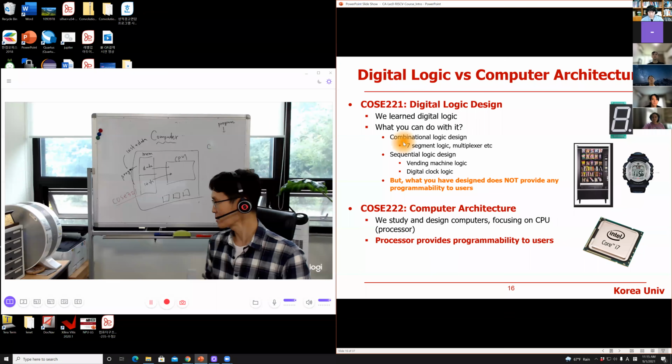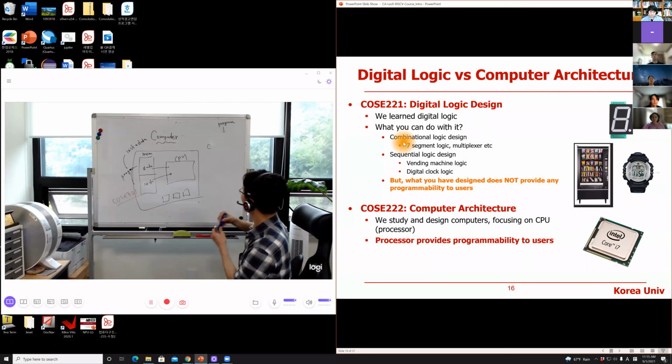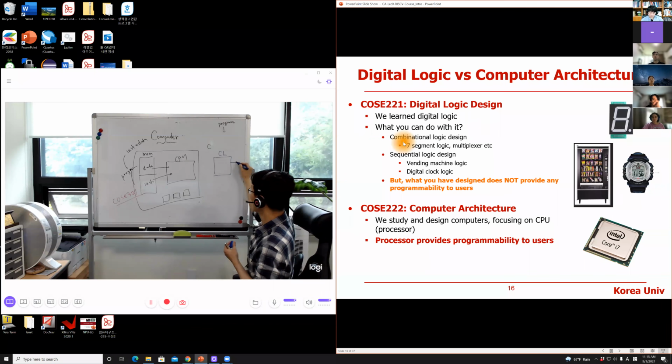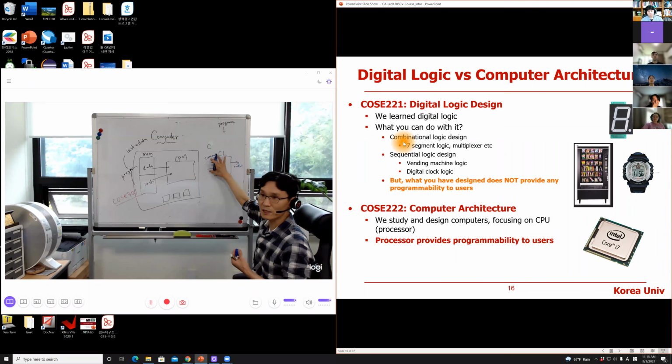In combinational logic, the output is determined based on the current input, right now. You apply some input, then the output is determined based on this current input. That is combinational logic.